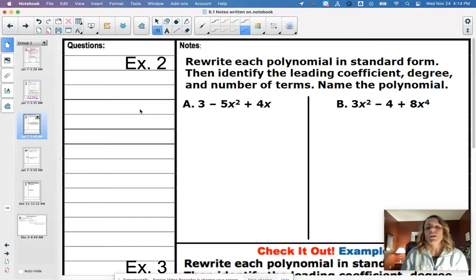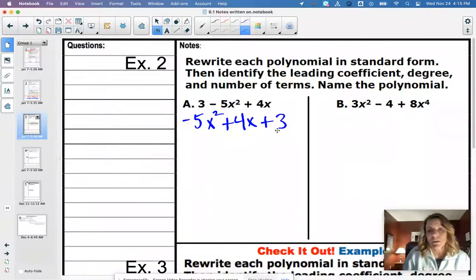So example 2, we're going to rewrite each polynomial in standard form, and then we're going to identify the leading coefficient, the degree, and the number of terms. And we're even going to name that polynomial. Lots going on here. So first of all, standard form is going to be negative 5x squared plus 4x plus 3. The leading coefficient is equal to negative 5. The degree of the polynomial, you're always looking at the first term. First term's degree is a 2.